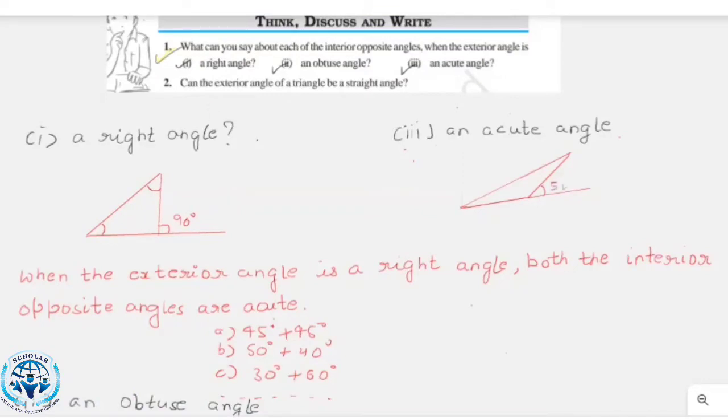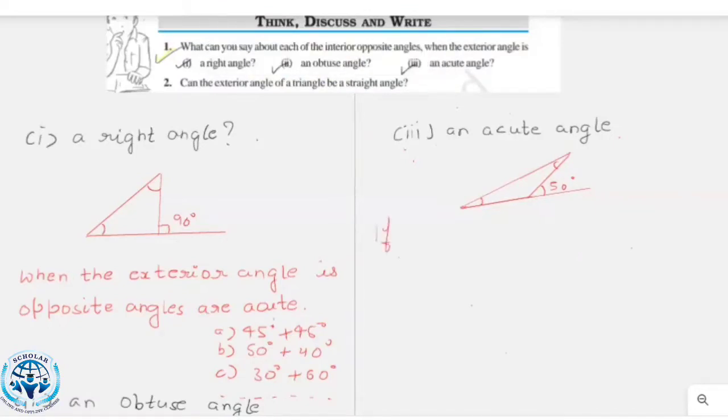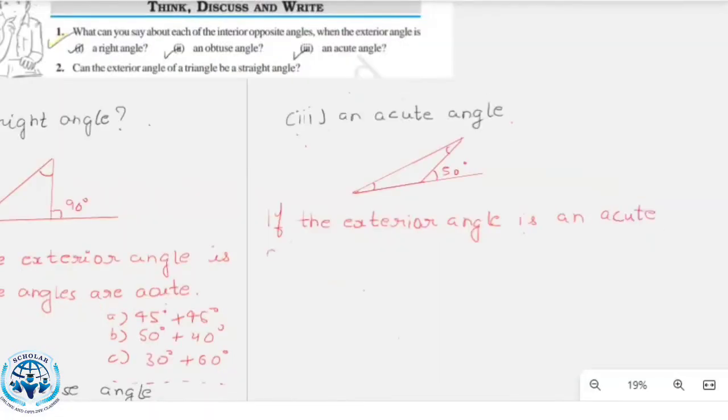If it is less than 90 degree, and as we know that the exterior angle is the sum of the two opposite interior angles, that means the two opposite interior angles must be less than 90 degree, so they are also acute angles. I have assumed it to be 50 degree. You can assume any angle less than 90 degree.